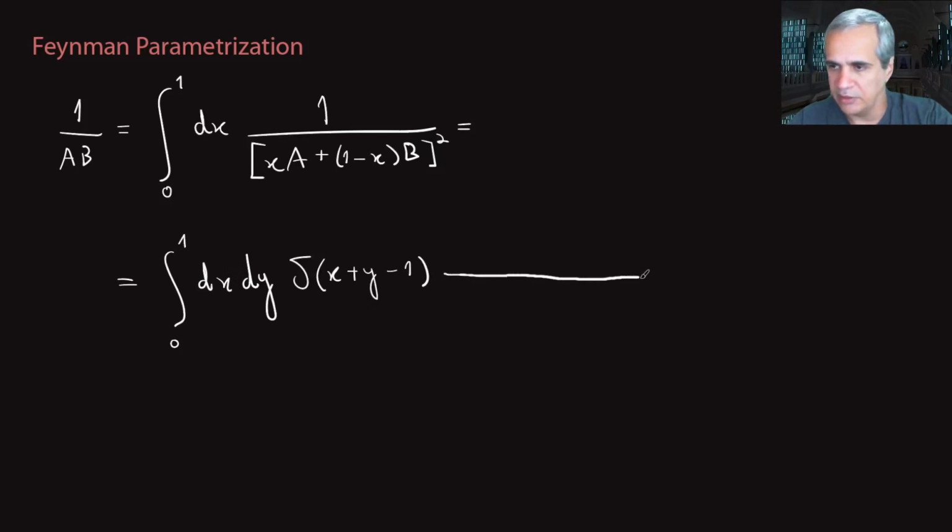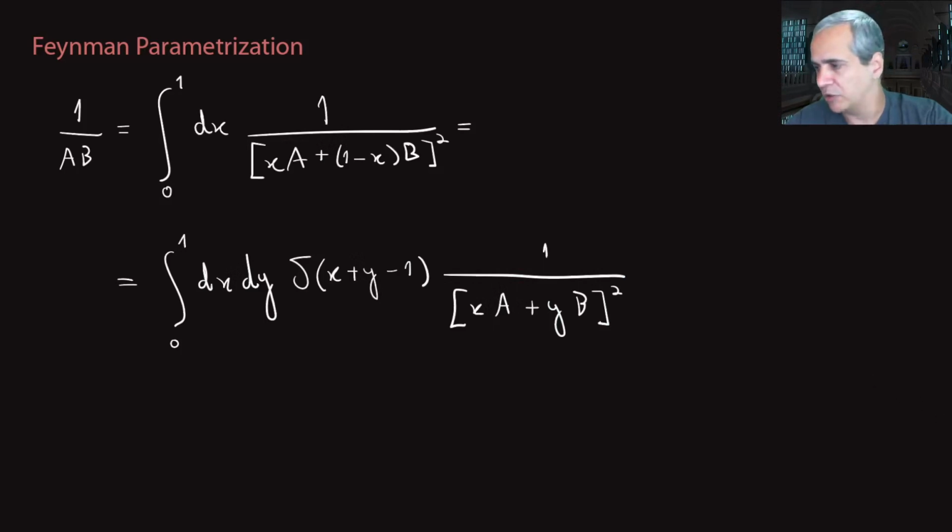And now this denominator right here becomes just 1 over (x a plus y b) squared. Usually we use the first form, but the second one is more useful if you want to generalize to more terms.